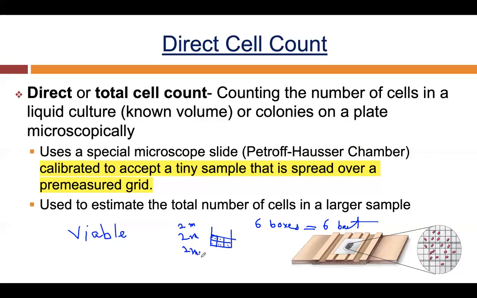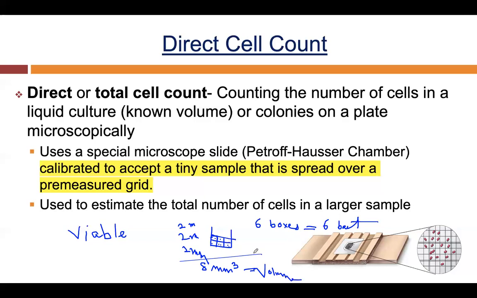So if you multiply 2 by 2 by 2, that will give you the volume of one box, which is 8 cubic millimeters. So that's the volume of one box.